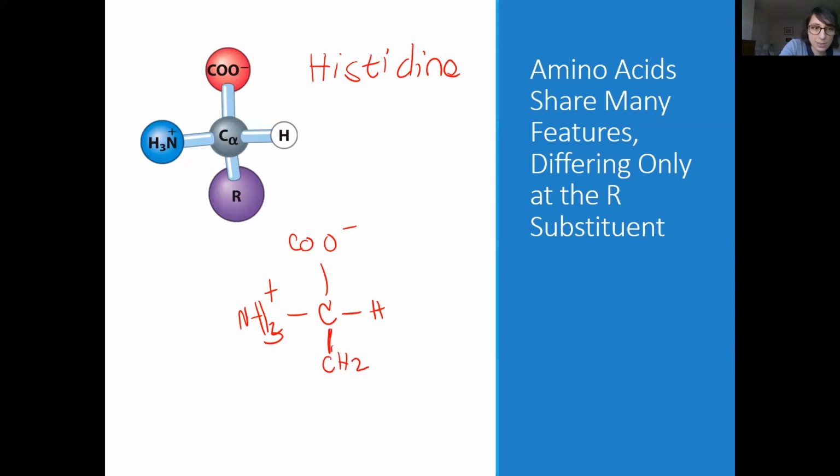And then it's going to have a ring of a carbon with a CH, an NH, and then a double bond, CH, NH, single bond. Okay, so this N group here has a positive charge on it.